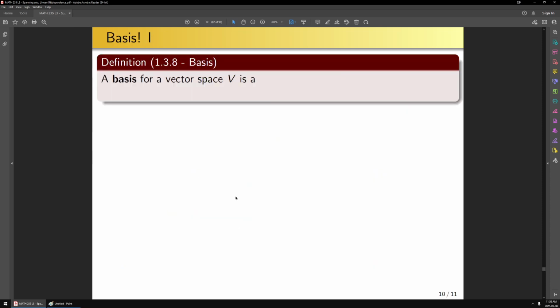Okay, last slide. Now that we have linear independence and we have spanning sets, we can talk about what a basis is. So a basis for a vector space V is just a linearly independent subset of V that also spans V. Okay? Spanning means that everything in V can be expressed as a linear combination of my basis vectors.